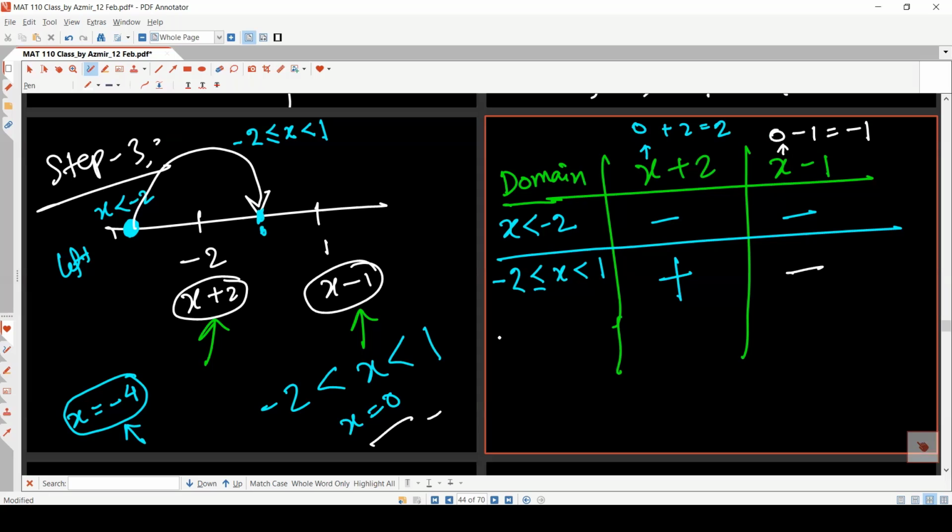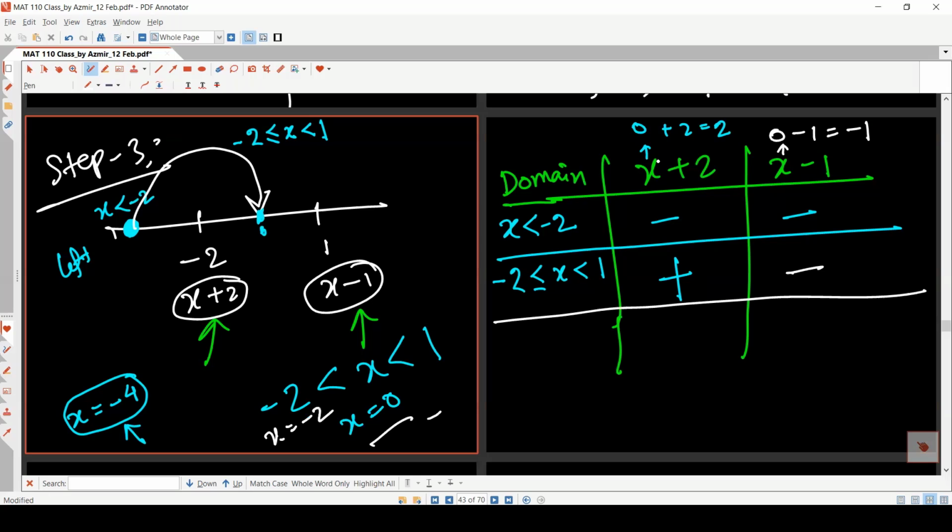So that's why plus minus. We can also think about x equals minus 2 because I have given an equal sign here. If we input minus 2, minus 2 plus 2 equals 0. So before 0, we can easily think about plus. If it is minus 2 minus 1, minus 3, still it is minus.